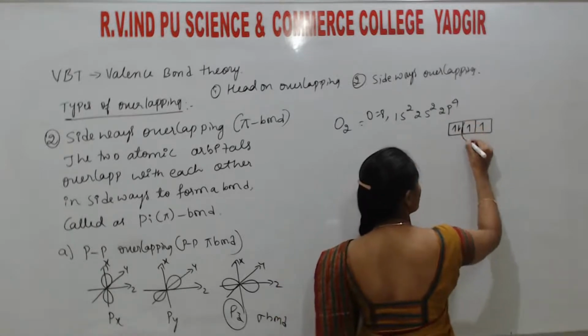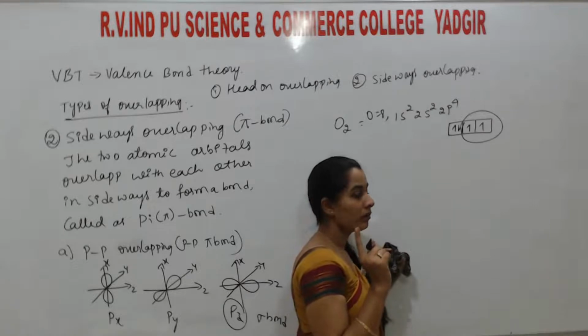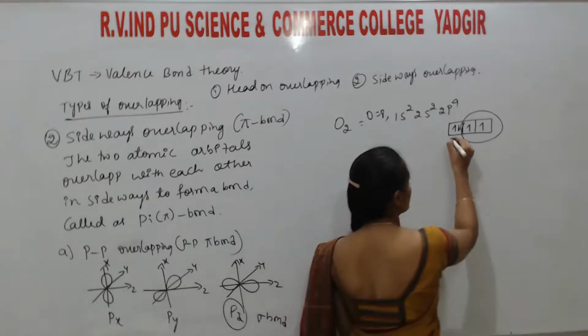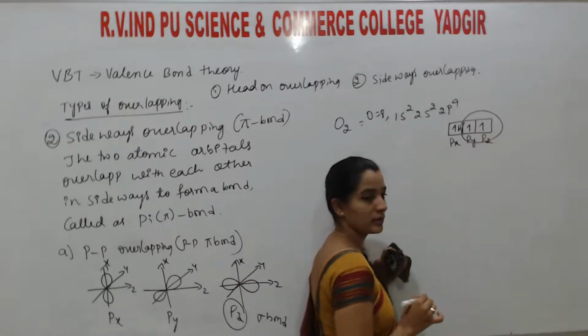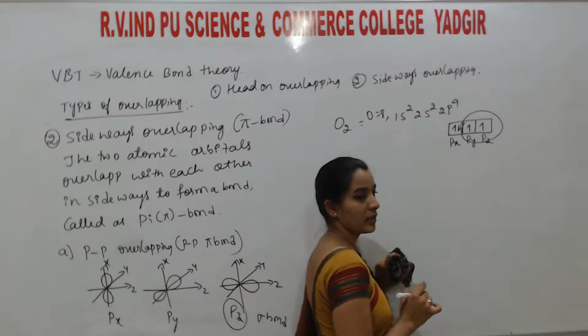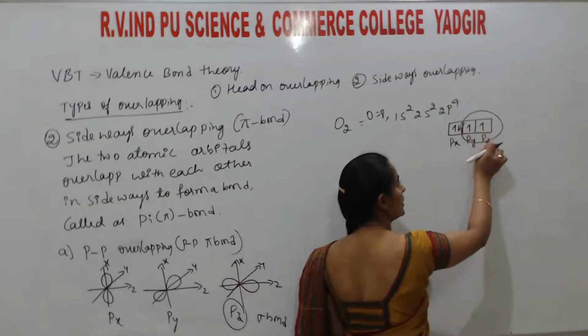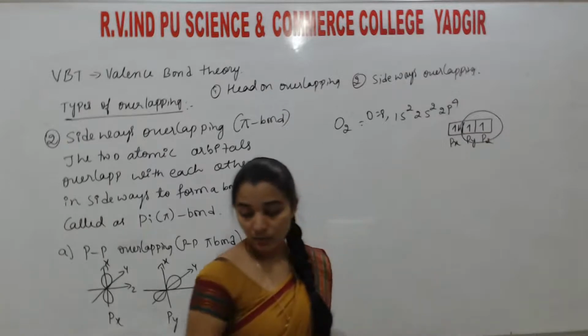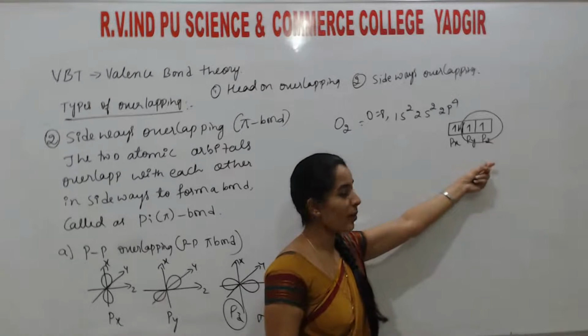Means two orbitals are having only one electron pair. This is assumed px, py, pz. Remember students, if only one electron is there, that is the pz orbital. If two or more are there, px, py, pz. Later I will explain the possibilities.